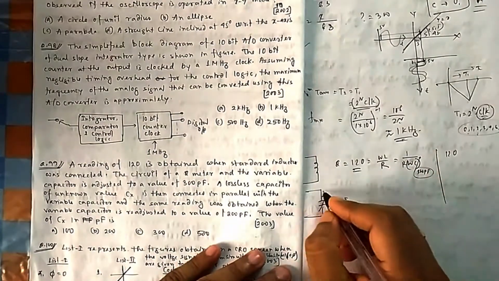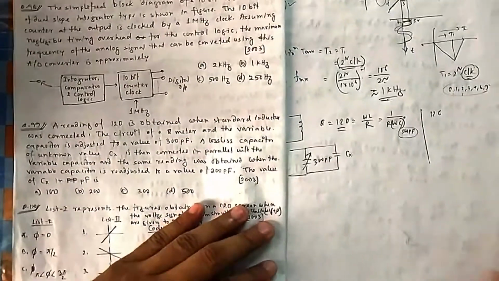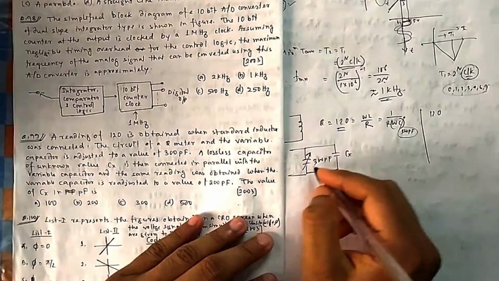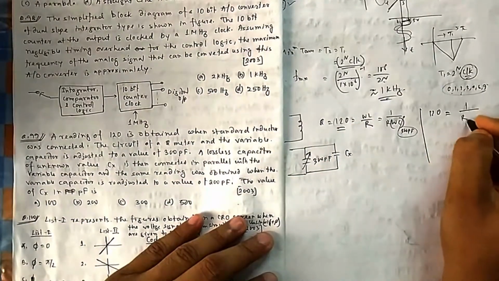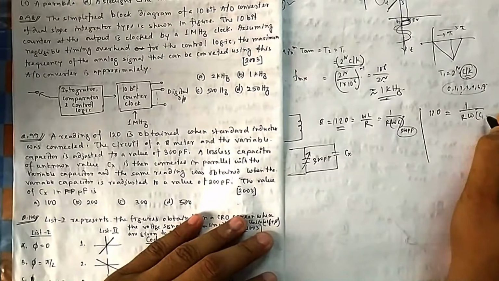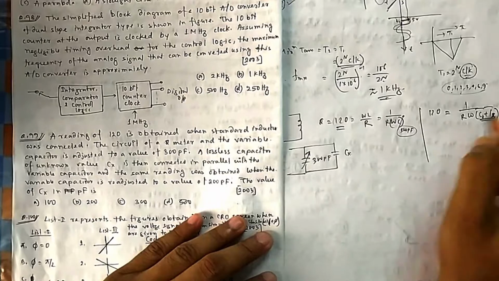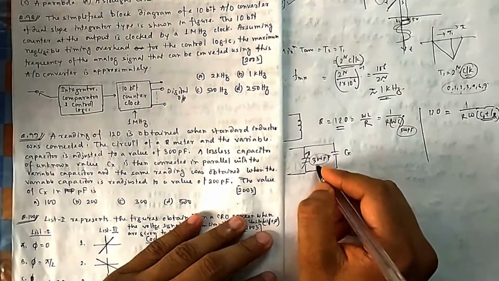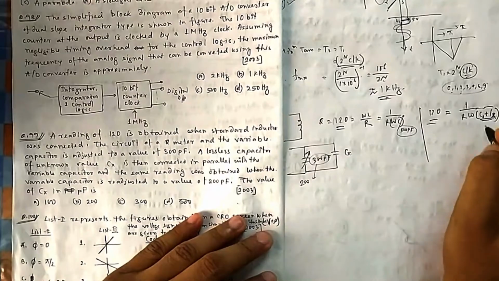Now they are connecting another capacitor in parallel, and to have the same reading of 120, the total is now C plus Cx, so they change it to 200, so that the reading remains the same.